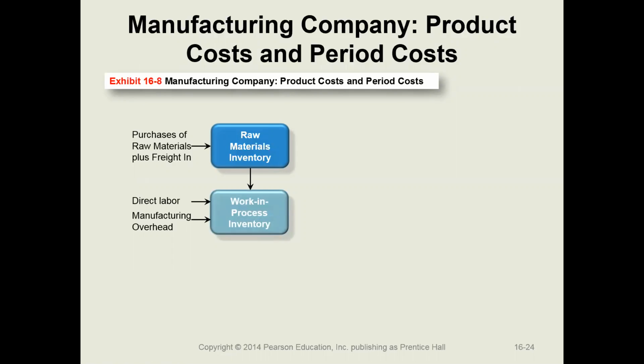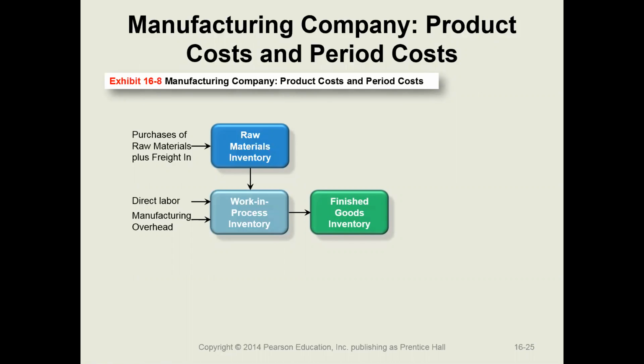So then once the item is put into process, then direct labor and manufacturing overhead is added to the work in process inventory. So again, work in process inventory is stuff we're working on now. It's not done yet. And then once it's finished processing, then it moves to finished goods inventory.